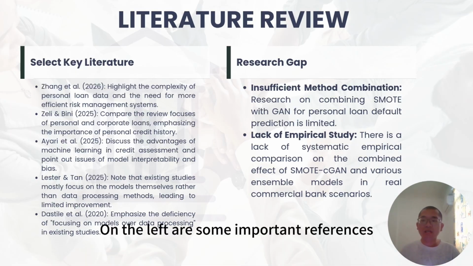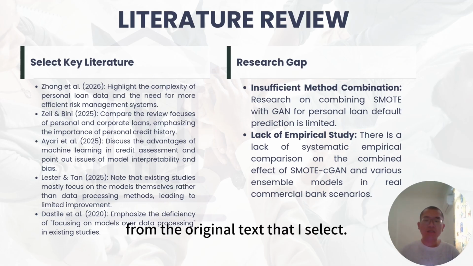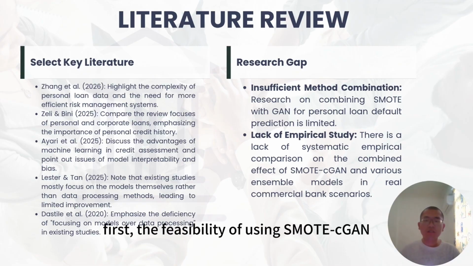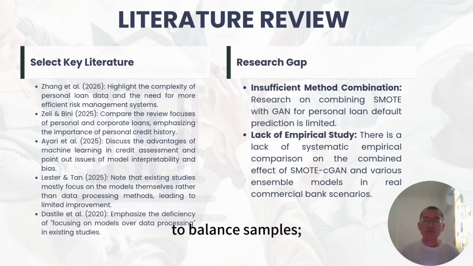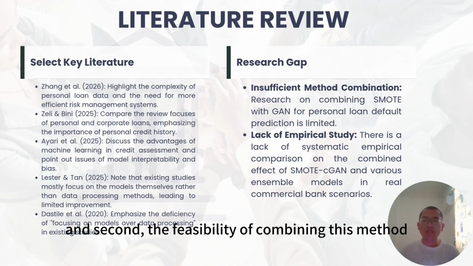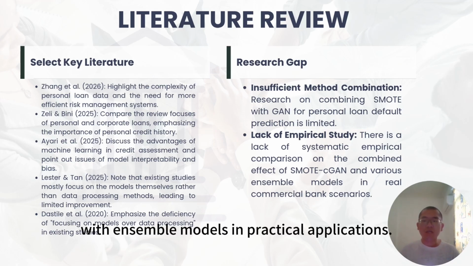On the left are some important references from the original text that I selected. In the literature review section, I finally highlight the research gaps. First, the feasibility of using SMOTE-SIGAN to balance samples. And second, the feasibility of combining this method with ensemble models in practical applications.